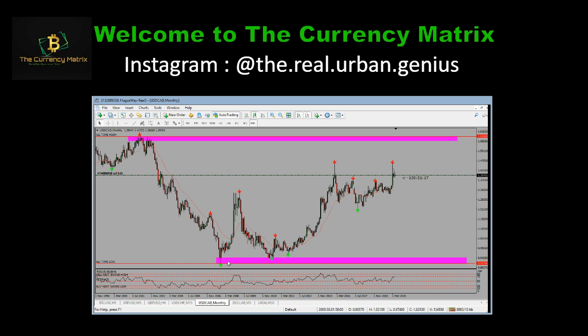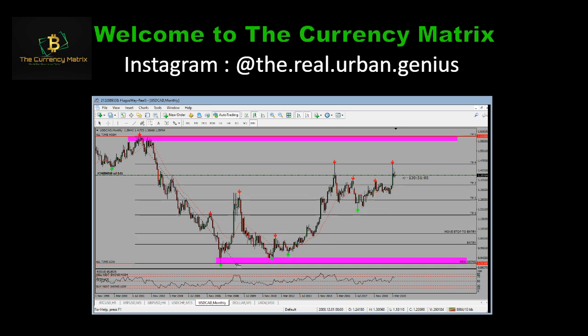Now we can go in with our Fibonacci. We see a swing from here to here. Boom, boom, bam. Now we have more zones to work with.